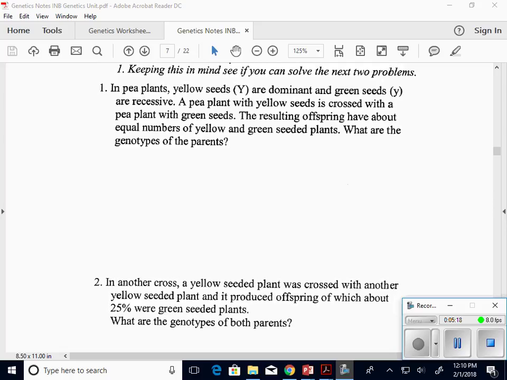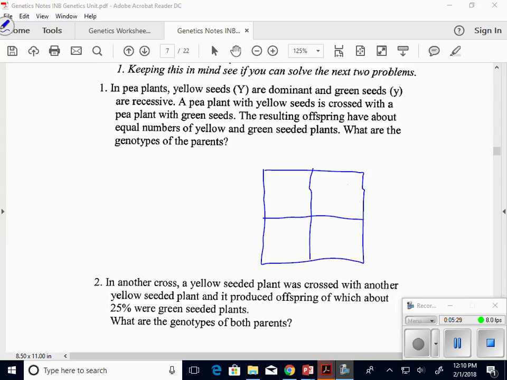So I'm going to set up a box, a Punnett square, and we are going to work this. So go ahead in your interactive notebooks, set up a Punnett square. Now, it's always good, folks, to write out what you know.